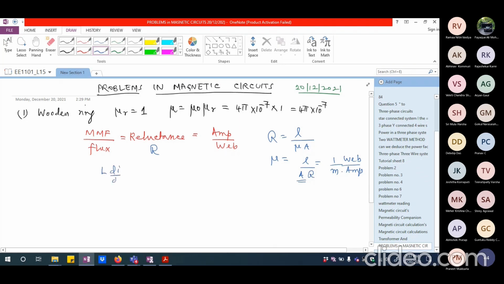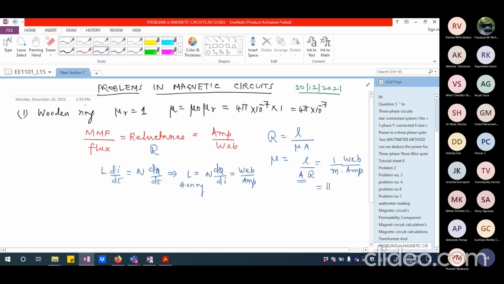We wrote this equation also, L di by dt equal to N d phi by dt, from which we wrote L is equal to d phi divided by di multiplied by the number of turns. So this is Weber per ampere. That is the inductance unit, which is Henry. So Weber per ampere is Henry.